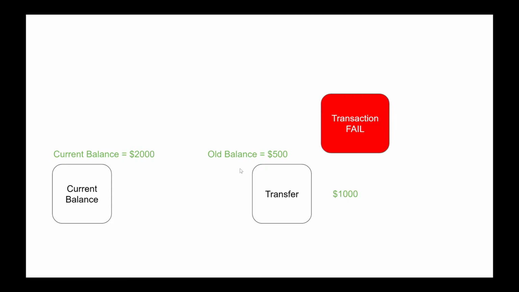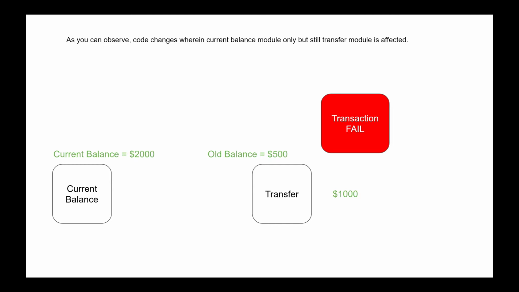In this case, you want to transfer $1,000. In order to proceed, the transfer module checks for the current balance, but instead of sending over the current balance, it actually sends the old balance of $500. This results in the transaction failing.